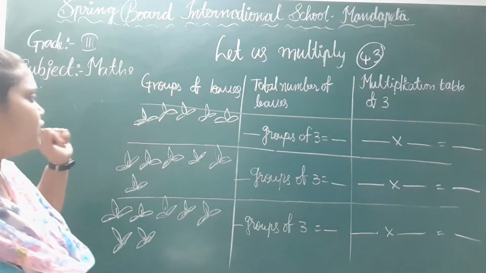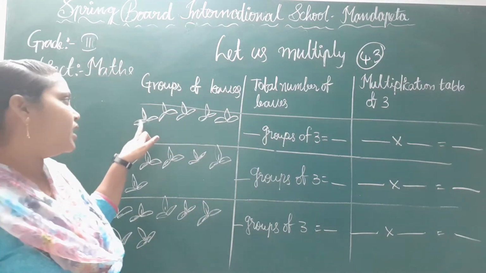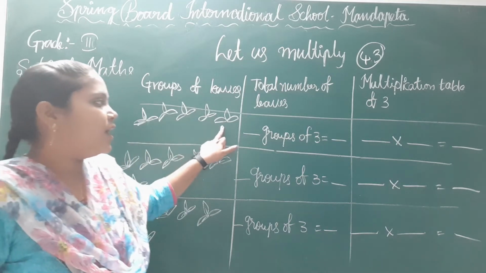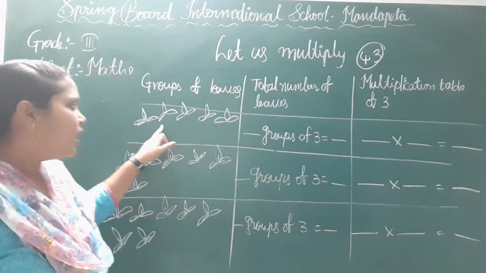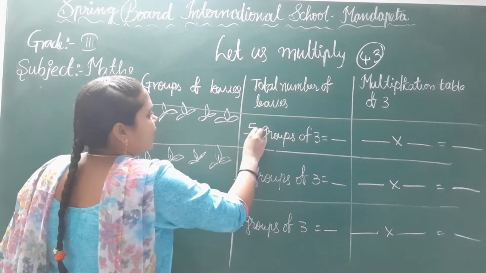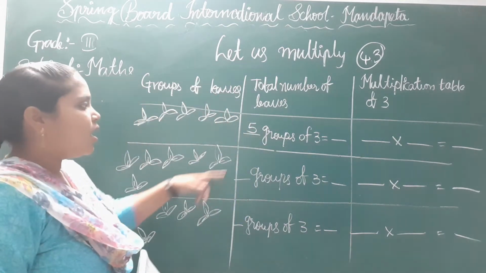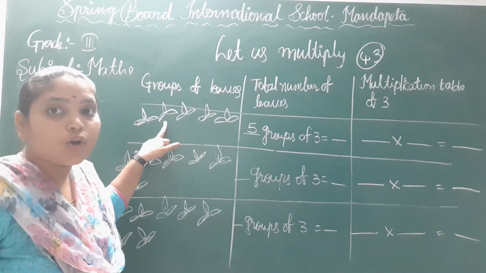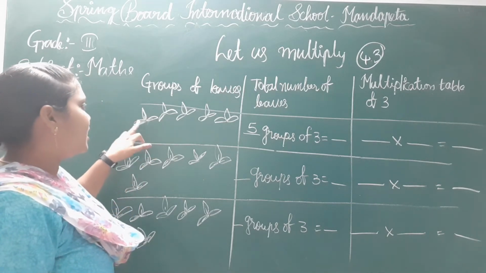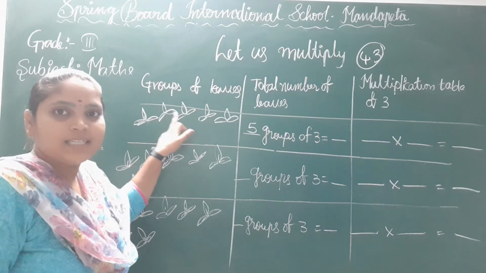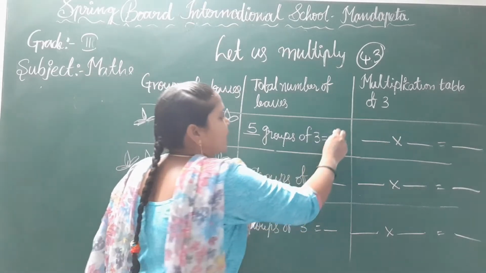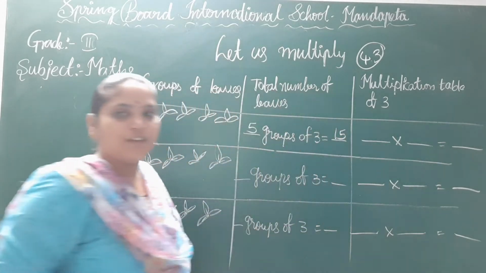Now you have to check, children. How many groups are here? 1, 2, 3, 4, 5. Here given blanks like this. Here totally how many groups? 5 groups, right? 5 groups of 3. So totally 3, 6. Now you have to count the total: 3, 6, 9, 12, 15. 5 groups of 3 is 15.